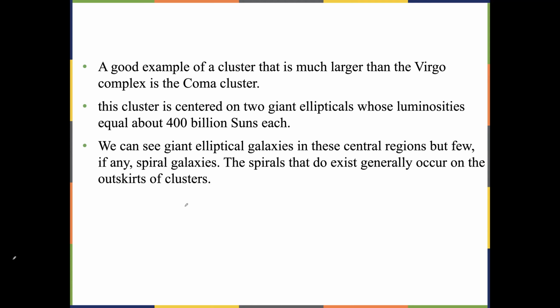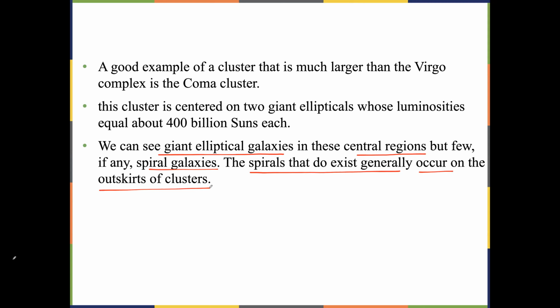Something that you can notice in all these galaxy clusters is that you can see giant elliptical galaxies in the central region of a galaxy cluster, but few spiral galaxies at the central region. The spirals do exist generally on the outskirts of the cluster.